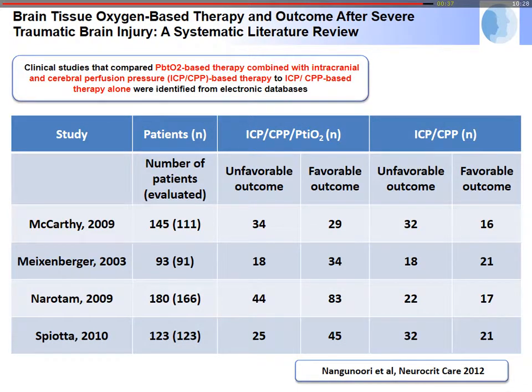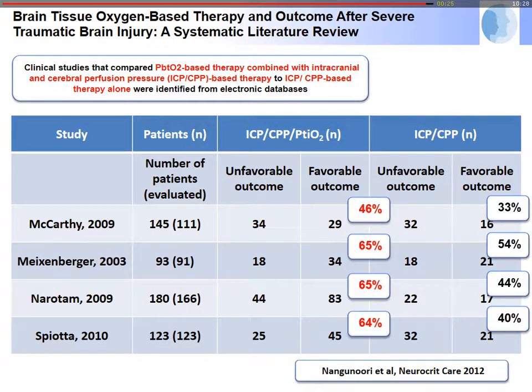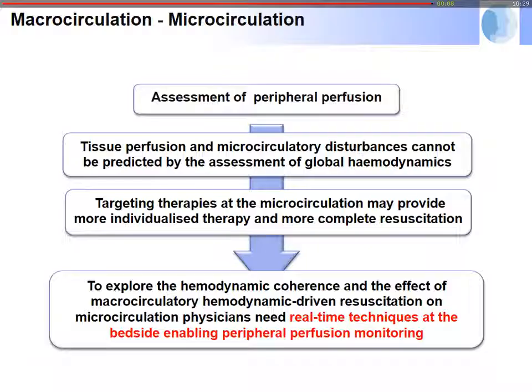It's only a retrospective study, but clearly, if you add the PtO2 to the monitoring of intracranial pressure, you improve your outcome. So once again, it's the proof that we have to have more monitoring of tissue perfusion, and we have to apply this monitoring in our patients.